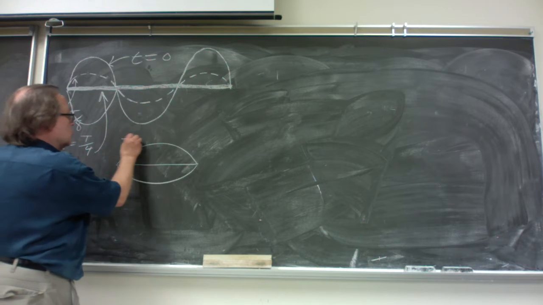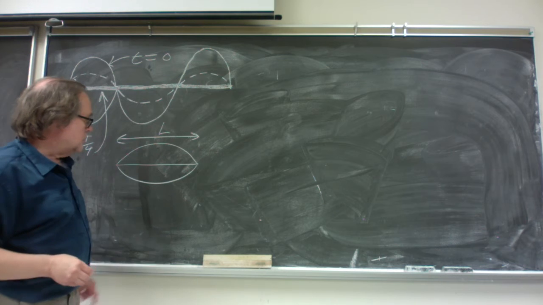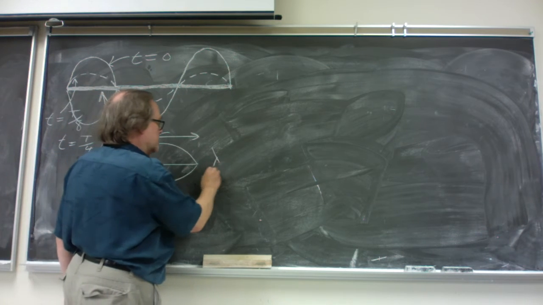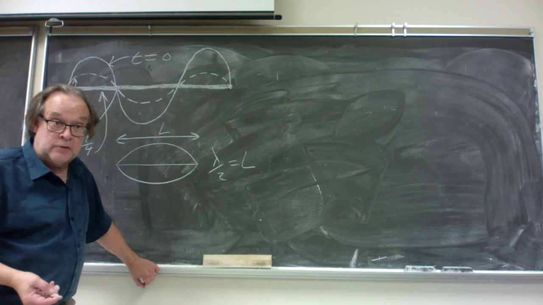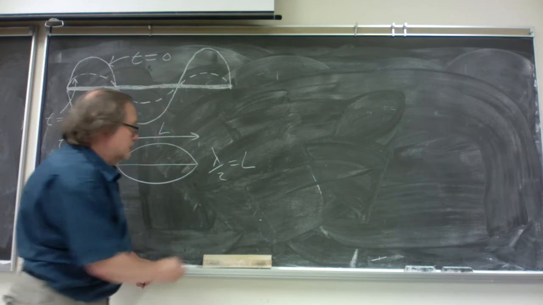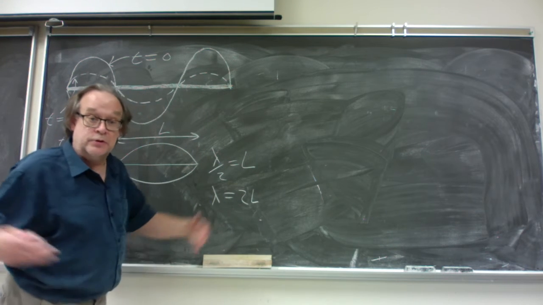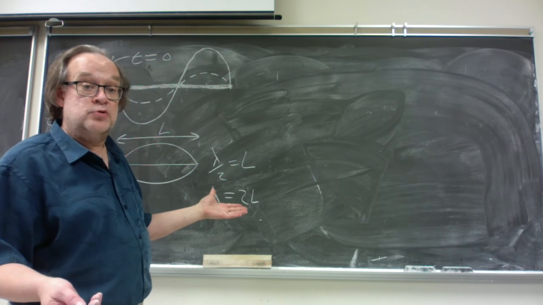And we'll say that the total string length, we'll just call it plain old L. Node to node is half a wavelength. So in this case, the whole string length is half a wavelength, or the wavelength of the traveling waves that produce this is 2 times the string length.